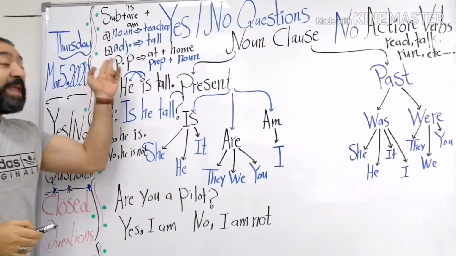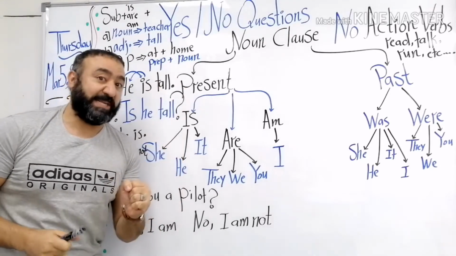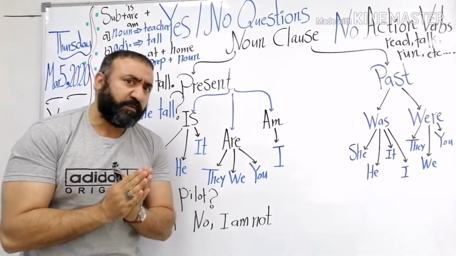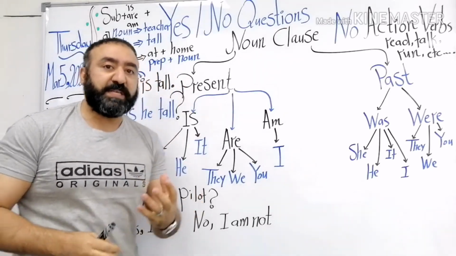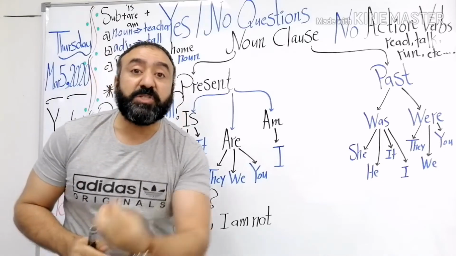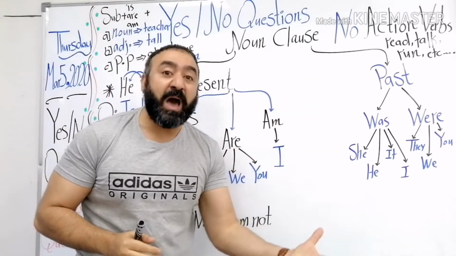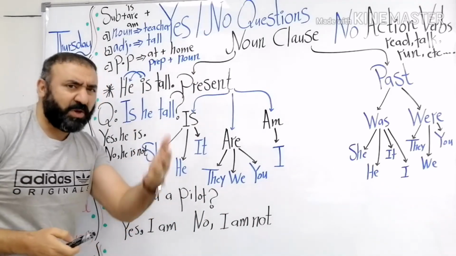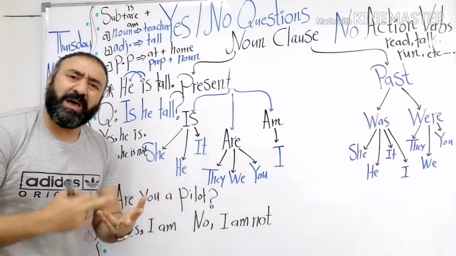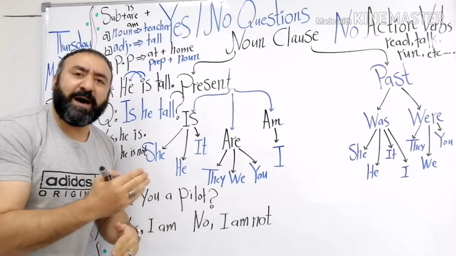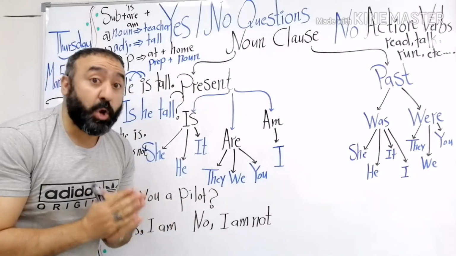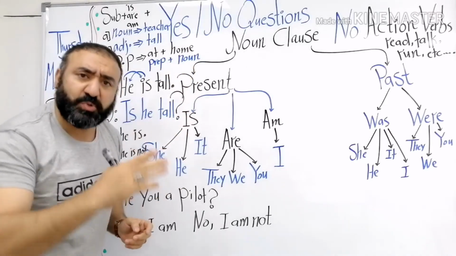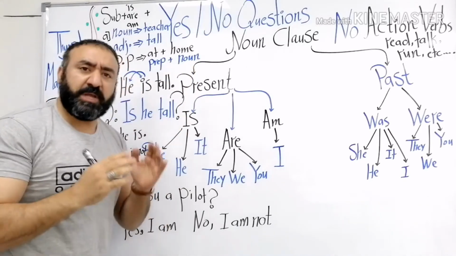Number 3, you can use a prepositional phrase. Now, what does prepositional phrase mean? The prepositional phrase is the preposition plus noun. What are the prepositions? You know them: at, in, on, under, above, through. All of these are prepositions, plus a noun, such as school, home, university, and so on.